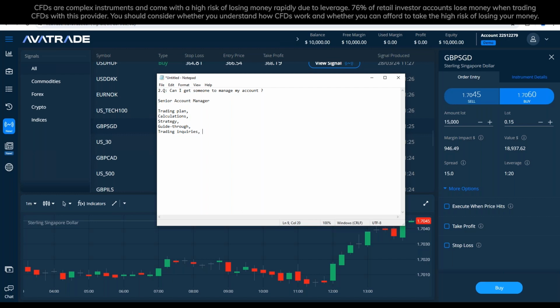All kinds of things an account manager can assist you with. Risk money management and market review. There are other services depending on the eligibility of the account and the level of the trader that we can provide. Those services are services that an account manager can assist you with.